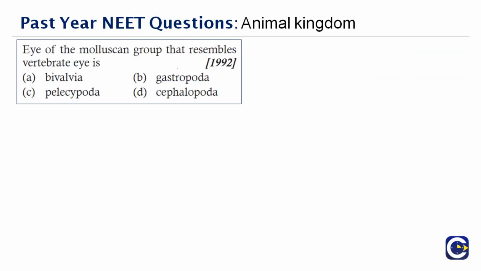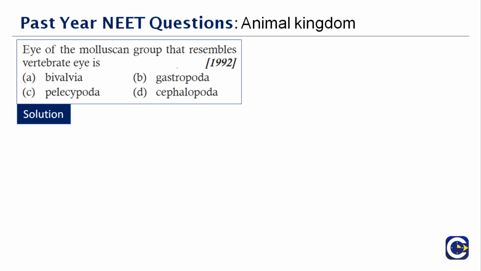Okay, next question here. Eye of the molluscan group that resembles the vertebrate eye. Okay, I think we already discussed this. We have bivalve, gastropoda, cephalopoda. The correct answer is cephalopoda. The class Cephalopoda of the phylum Mollusca has well-developed eyes and resembles the vertebrate eyes.